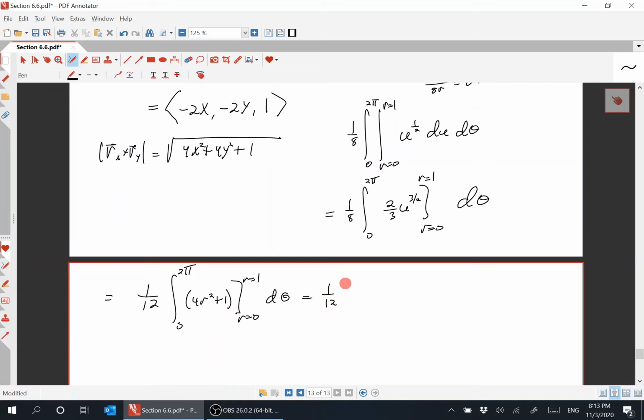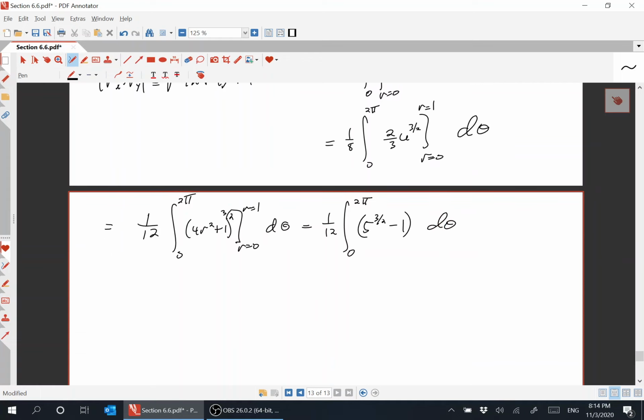So we have 1/12 integral from 0 to 2 pi. So at 1, we get 5 to the 3/2, and at 0 you just get 1, d theta. And that's just a constant, right? It's all just a constant.